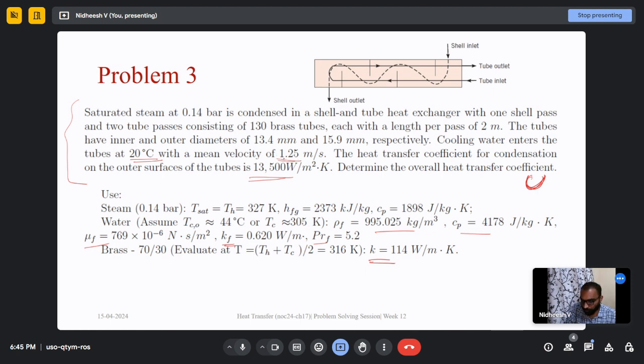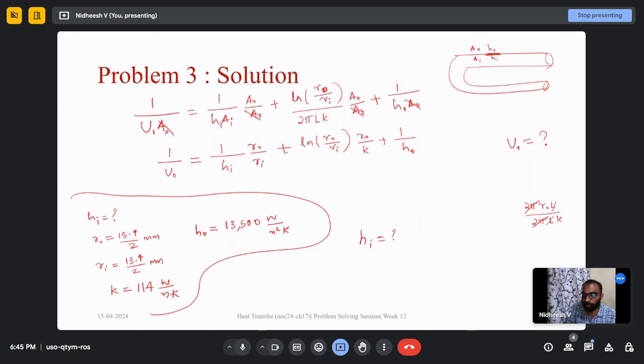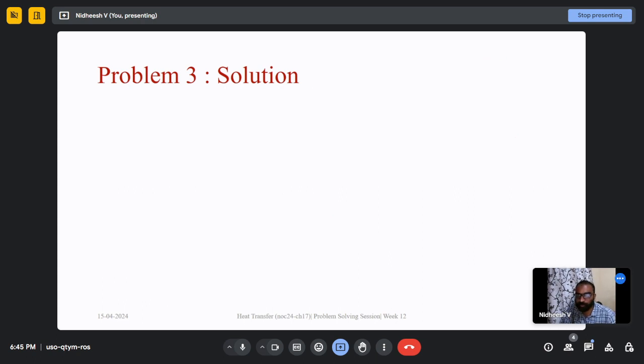So we could in practice use the Nusselt number correlations to find out this unknown heat transfer coefficient. For that we need to know what kind of flow regime this is for the water flowing through the inside of the tube. How do we find that? We need to find out the Reynolds number, right? So let's calculate the Reynolds number based on diameter for the water flowing through the inner tube.